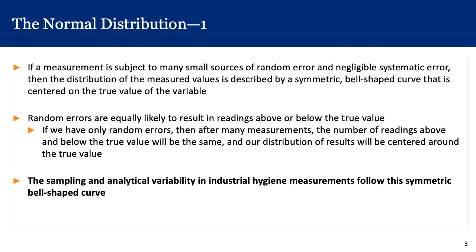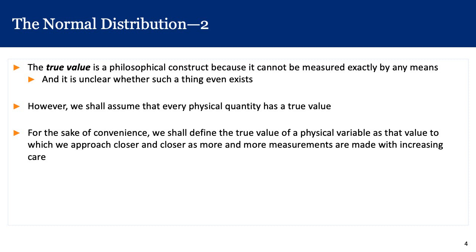So the sampling and analytical variability in industrial hygiene and exposure assessment measurements follow this symmetric bell-shaped curve. So when I say the true value, that is obviously a philosophical construct, since it cannot be measured exactly by any means, and it's unclear whether such a thing exists.